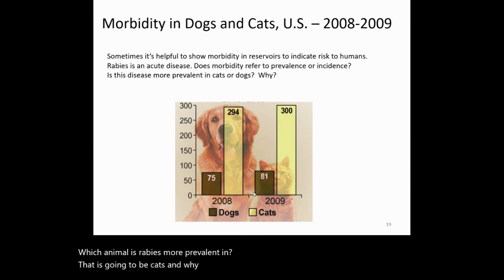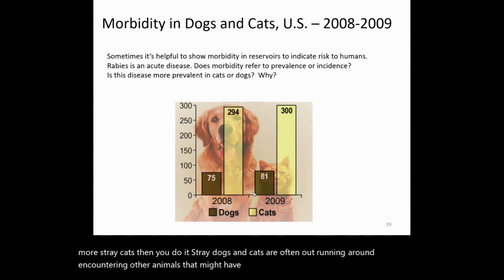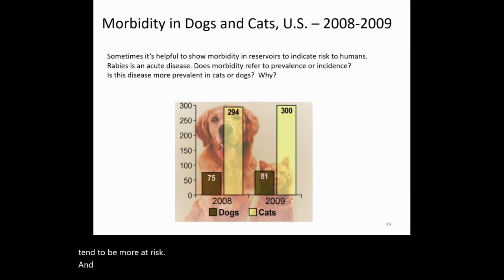And why do you think that is? Well, cats, you tend to see a lot more stray cats than you do stray dogs. And so cats are often out running around, encountering other animals that might have rabies or be a reservoir for rabies. And so cats just tend to be more at risk and more likely to have rabies than dogs.